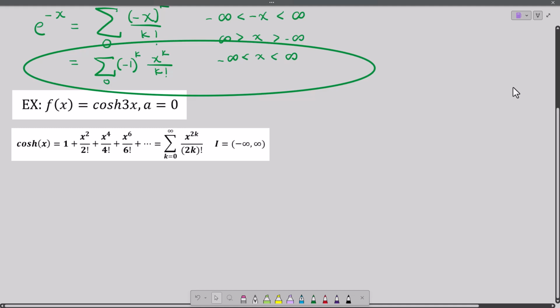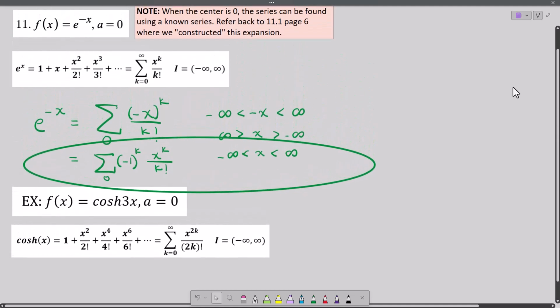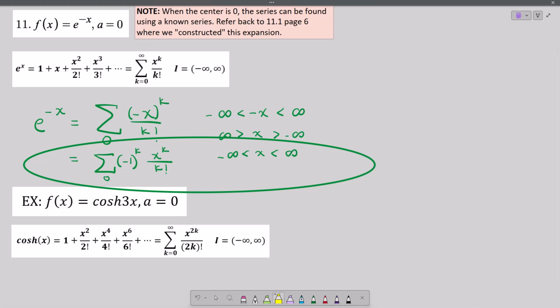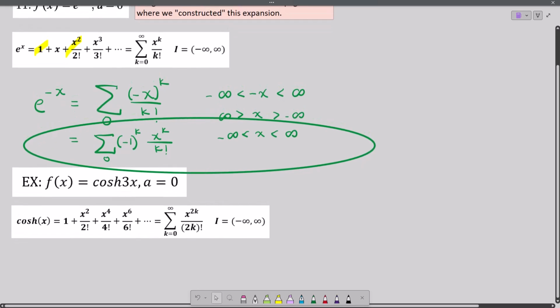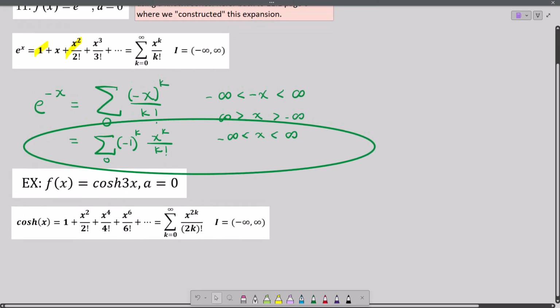Cosh, well, let's look at e to the x again. So cosine is an even function. So cosine's power series is going to take all these even powers of x, right there. And cosine would have a switch in it. But cosh will take all the even powers straight up. There's no switch.